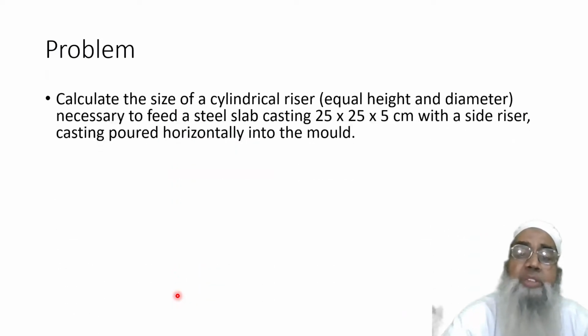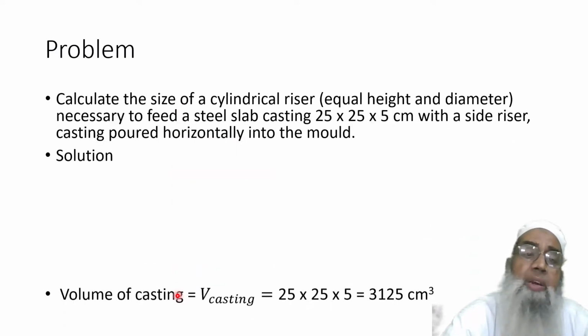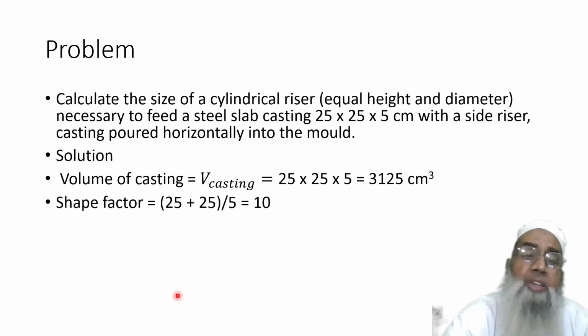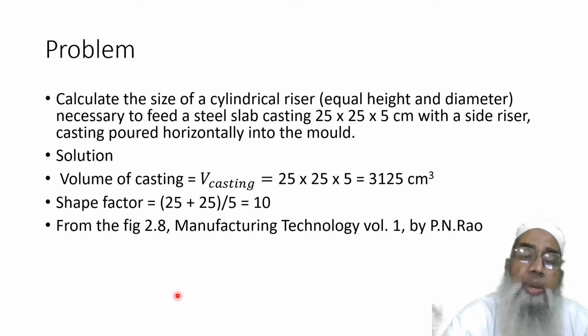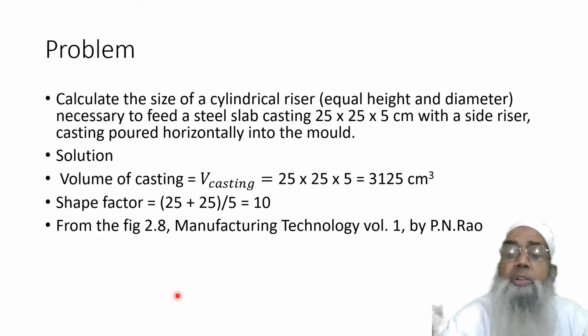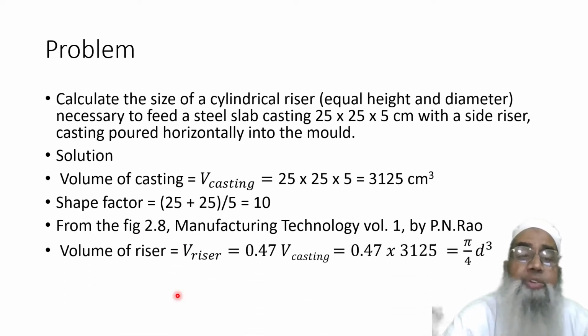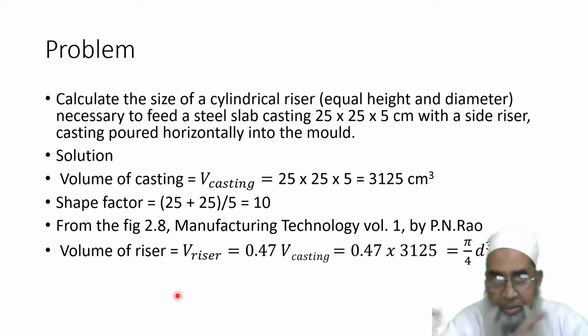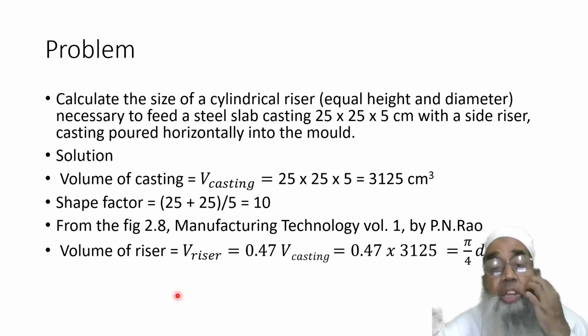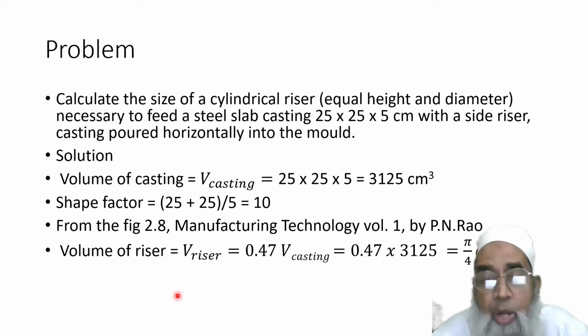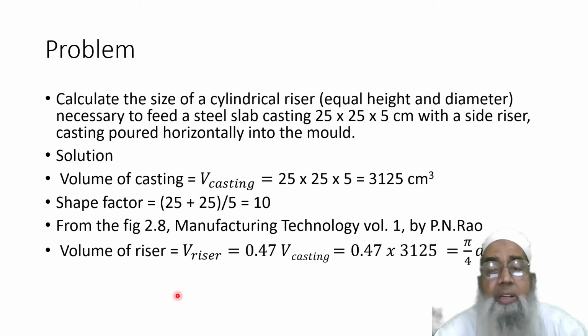Therefore, in the same problem, we can have the volume of the casting and the shape factor. From table theory, from the graph above, and also consulting Manufacturing Technology volume by P. N. Rao, we can find out what should be an efficient riser, so that we can avoid centralized shrinkage.